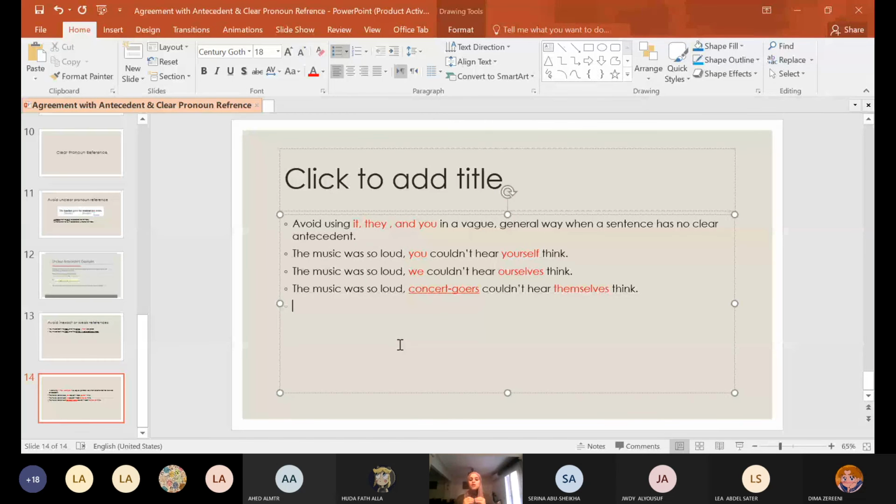So he said to me, do not use "it", "they" and "you" in a vague sentence. So instead of "they make all kinds of decisions", who makes the decisions? Marketing executives or marketing managers. Okay, marketing head officers make all kinds of decisions about how products will be advertised.